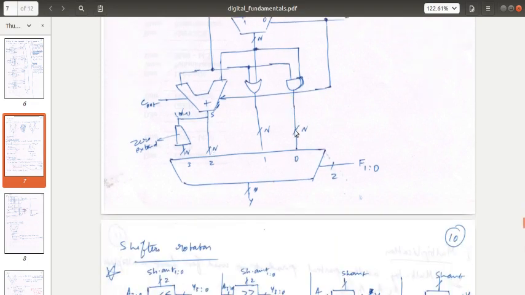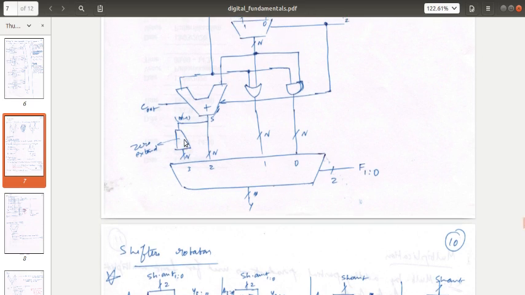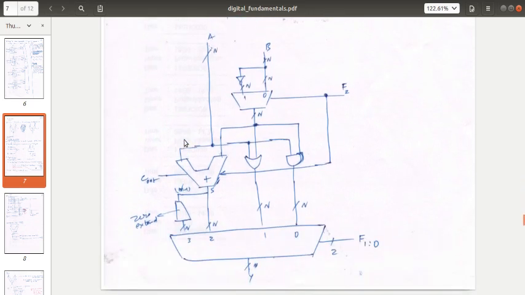Now we connect these things to another multiplexer from which we are taking the output, and this is a zero extend, or just sign extend, sorry, this is not zero extend, this is a sign extend. It is simply a device which extends whatever input is coming there into n bits.